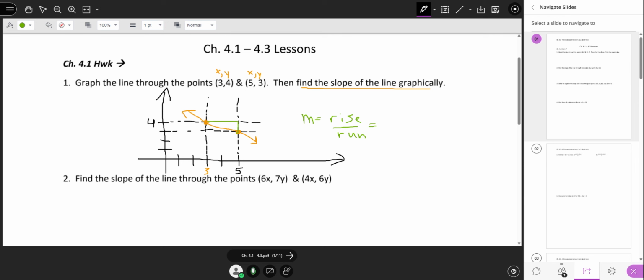To get from this dot to this dot, you went down one space. So that's -1. And to get from this dot to this dot, you went to the right 2 spaces. So your rise, you went down 1. Your run, you went to the right 2 spaces, which is positive. And that would be your slope.